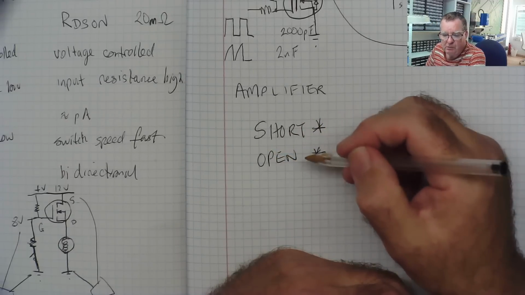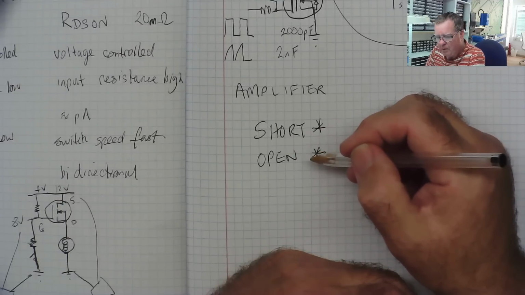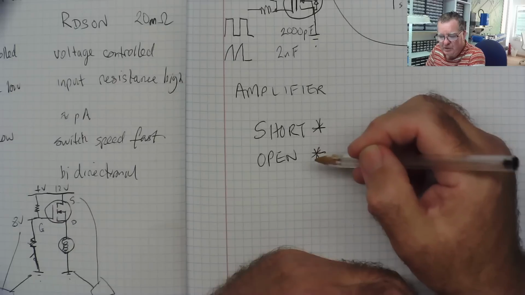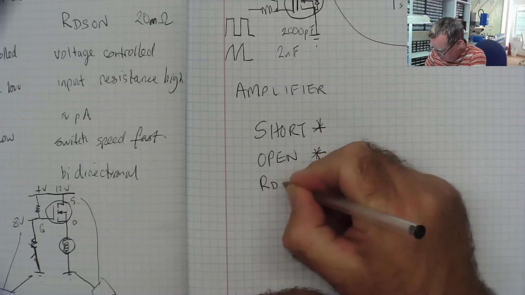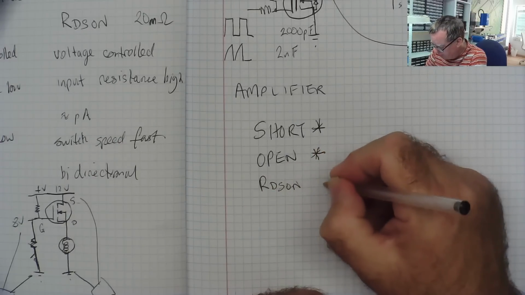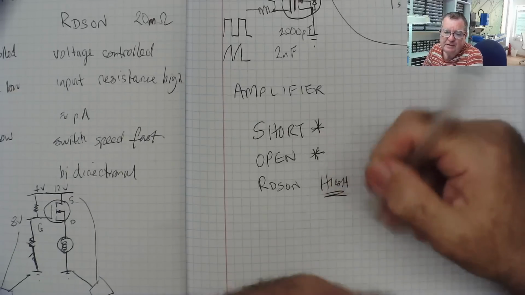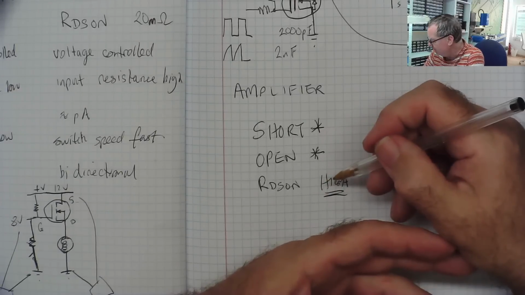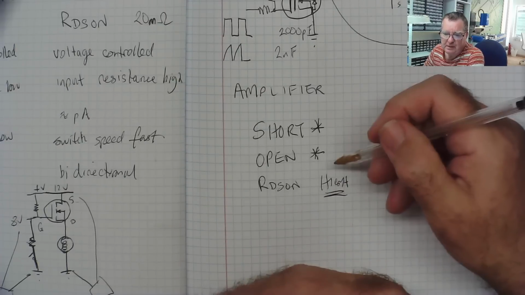They're not so likely to fail in unusual ways like bipolar transistors do. But you can get MOSFETs that fail where the RDS on, resistance between the drain and source on, goes high. This sort of problem you're not likely to find without taking the components out of circuit.